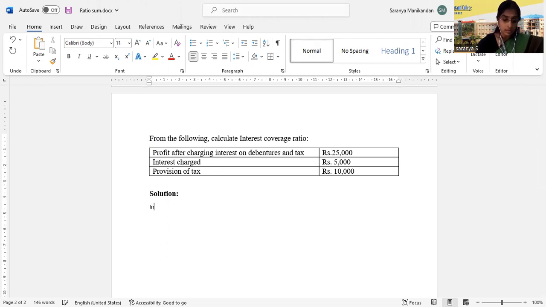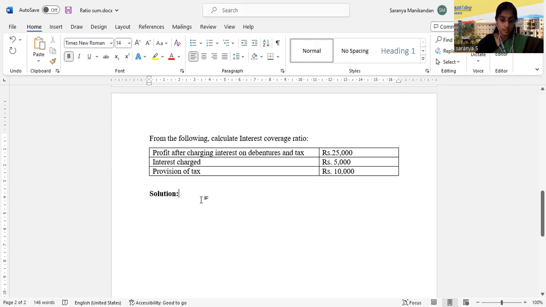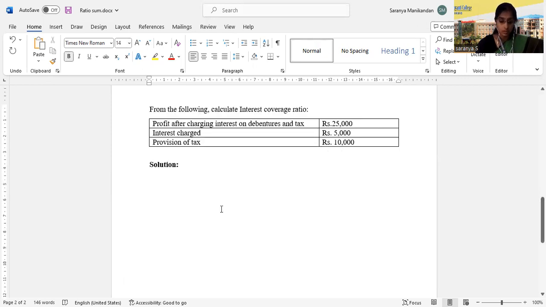Okay, so interest coverage ratio equal to profit before interest and tax divided by interest charges.